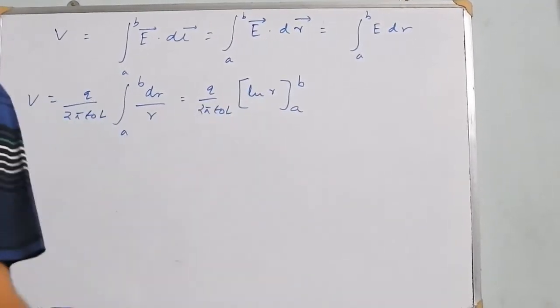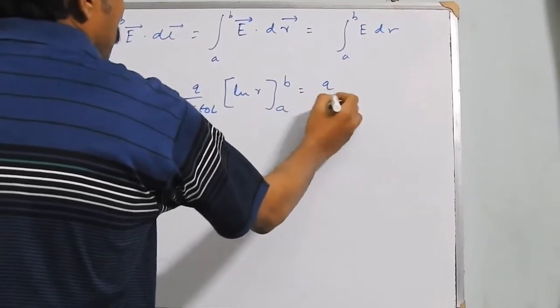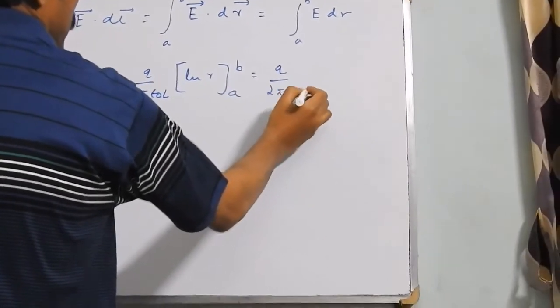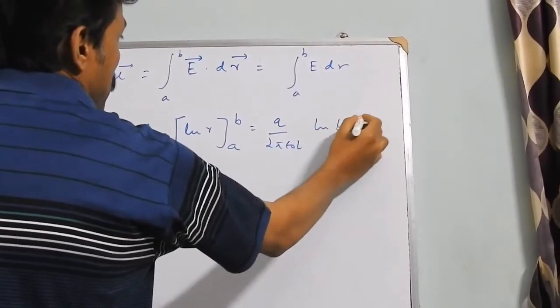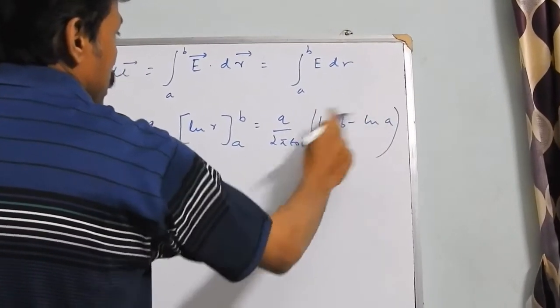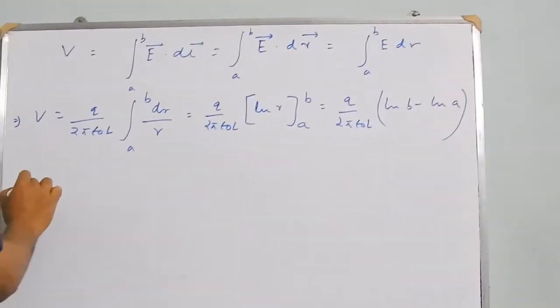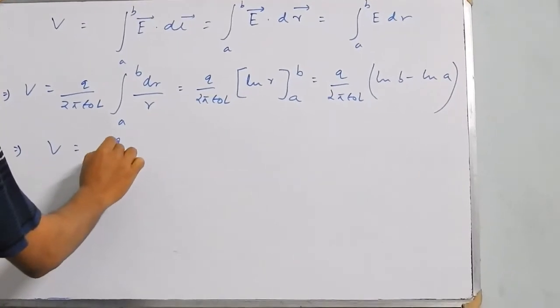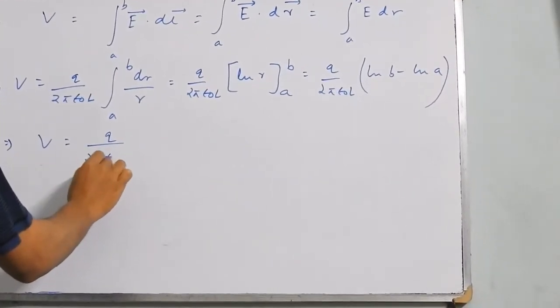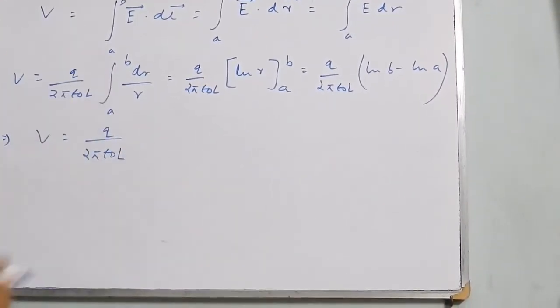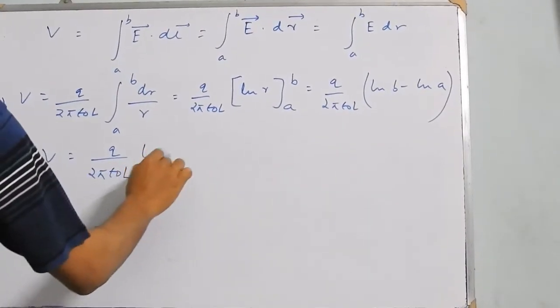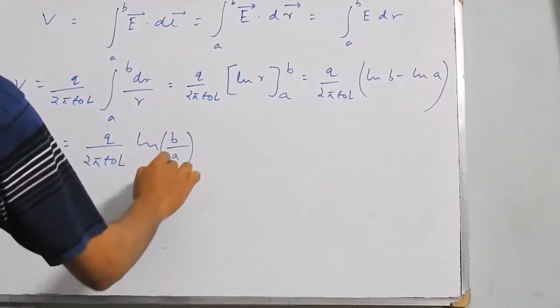So this will give q by 2 pi epsilon 0 L times ln b minus ln a. Log b minus log a is log of b by a. So what we get is V equal to q by 2 pi epsilon 0 L, where capital L is the length of the cylinder, times ln b by a.